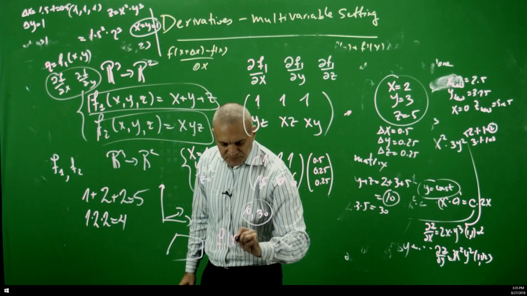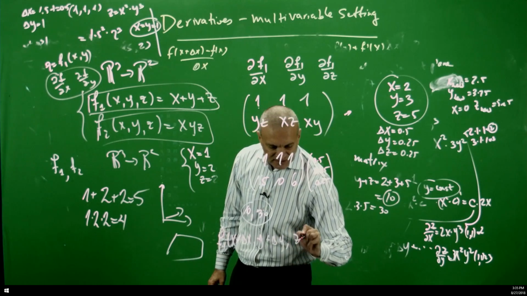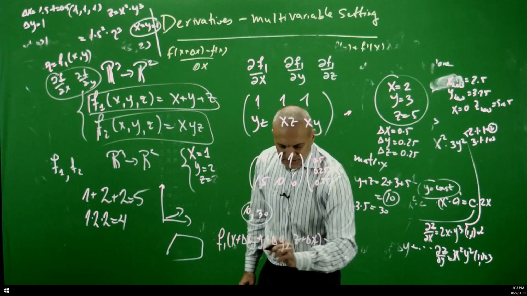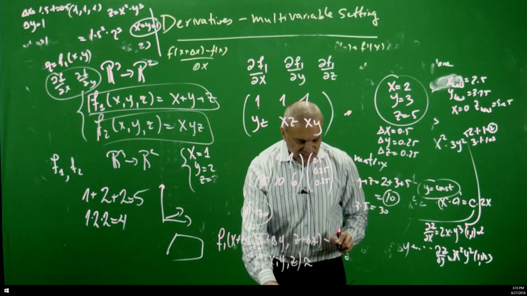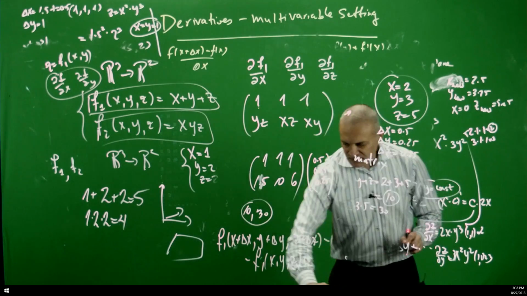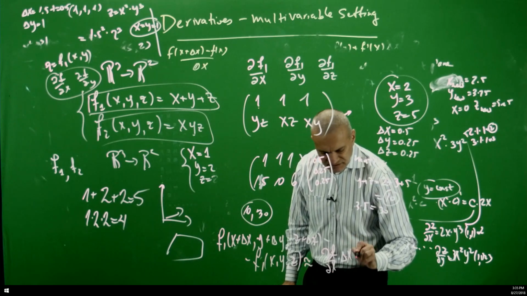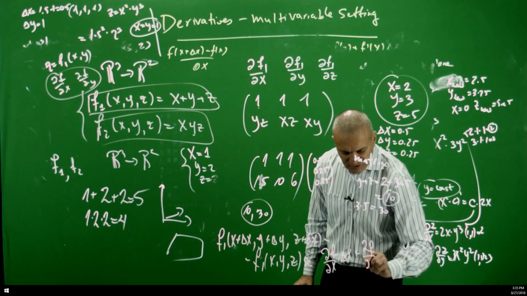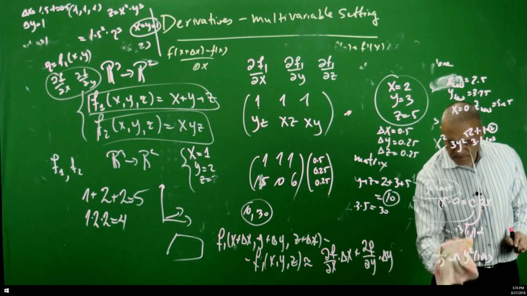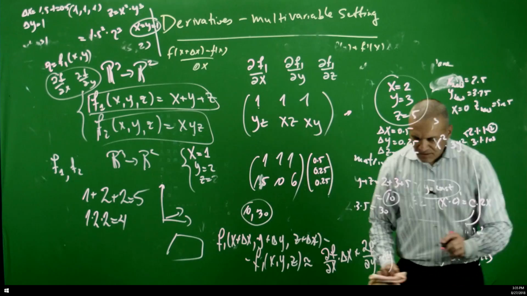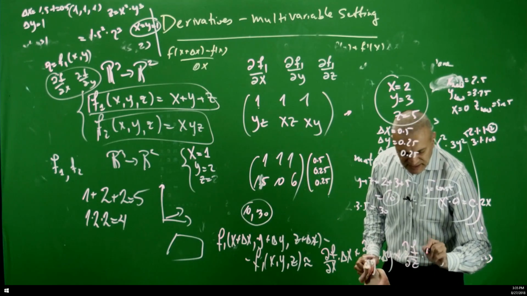f1 of x plus delta x, y plus delta y, z plus delta z, minus f1 of x, y, z, we said the key formula is that this is going to be delta f over delta x times delta x, plus delta f over delta y times delta y, plus delta f over delta z times delta z.